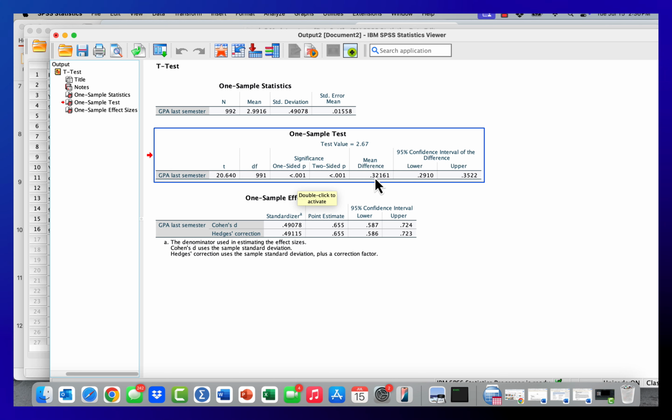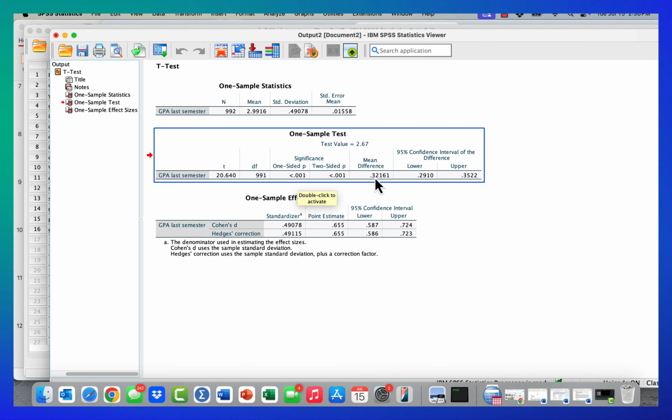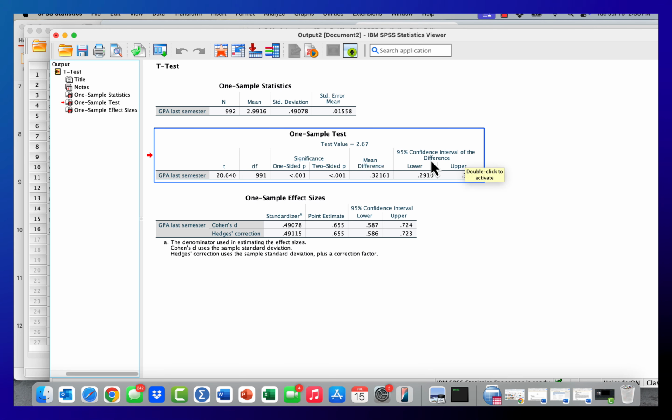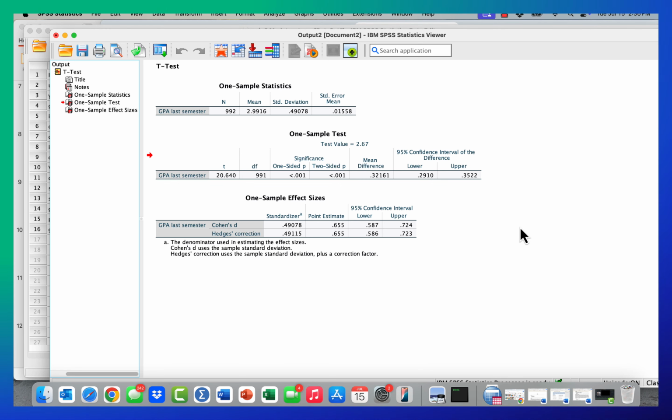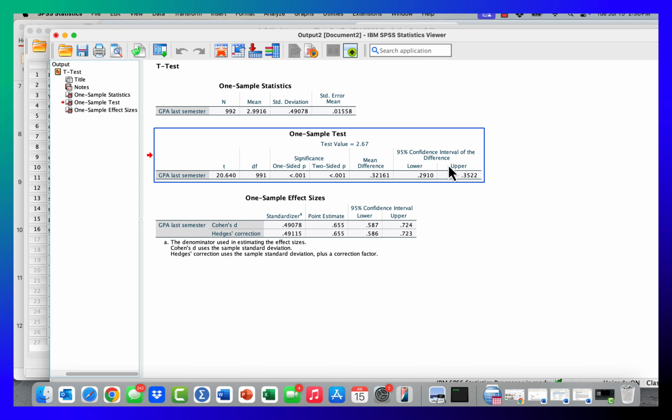Also, I want to help you interpret this entire output given by SPSS. We can also know that we can reject the null hypothesis by looking over here at the 95% confidence interval of the difference. Since that does not contain 0, we can also reject the null. If 0 is in here, between the lower and upper, you can't reject the null hypothesis.